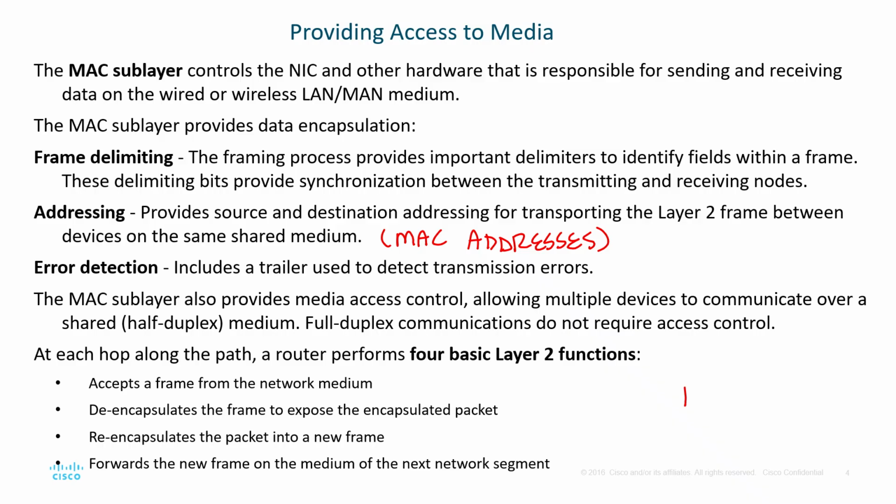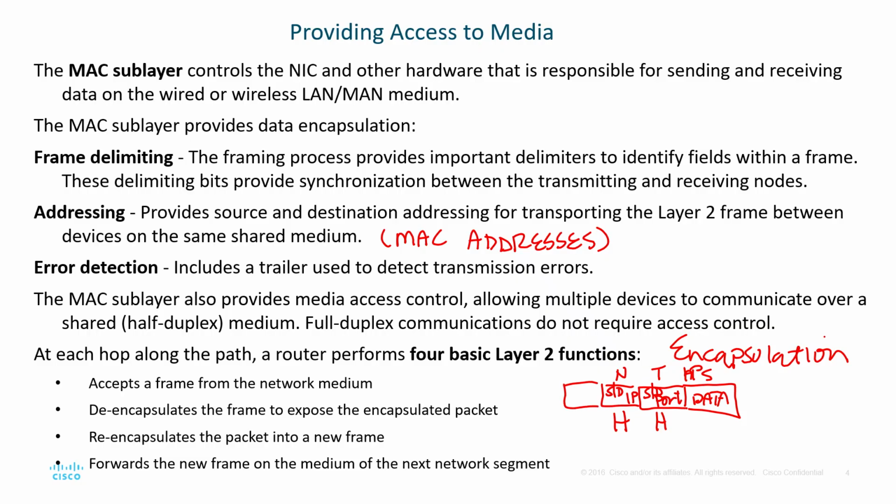So again, here's our data. This is encapsulation. So our data is here: application, presentation, session. And then here is our transport, with the header, source and destination ports. Then we come down to our network with a header, source and destination IP.